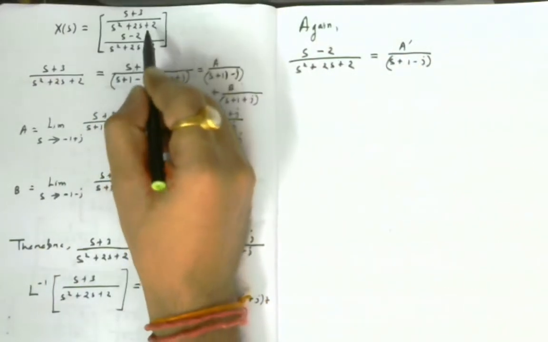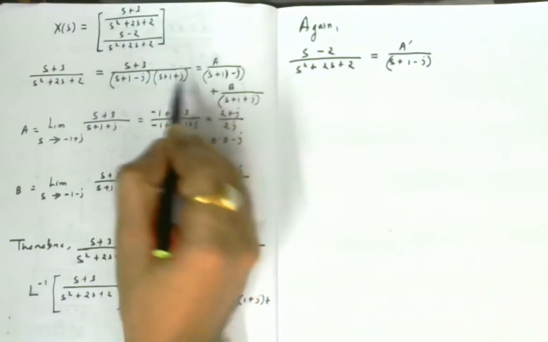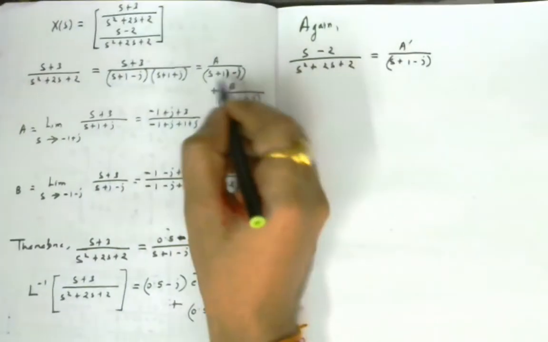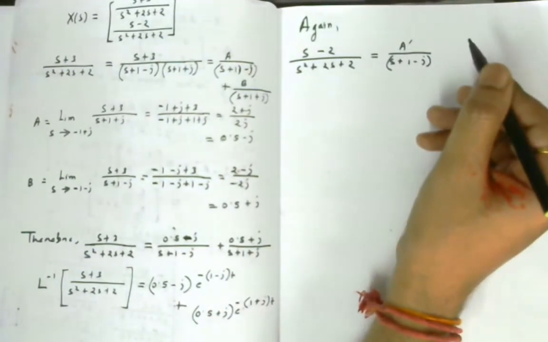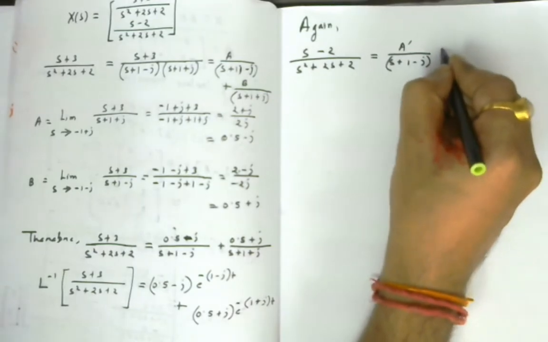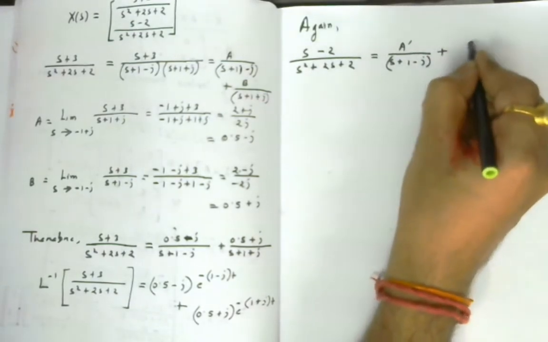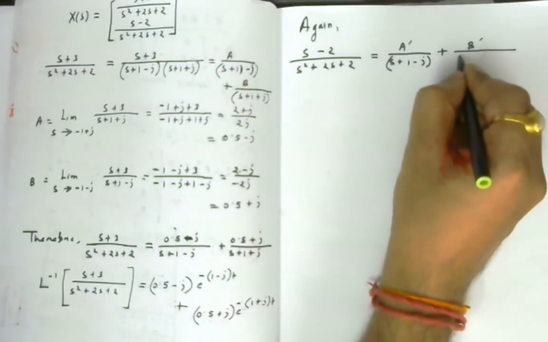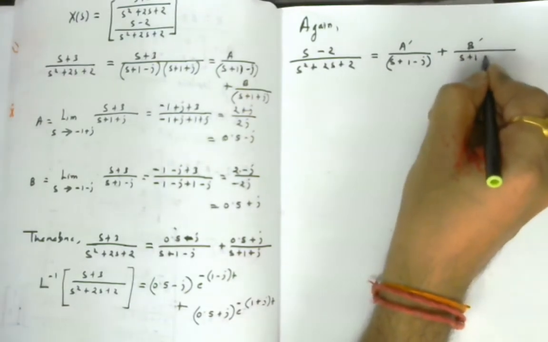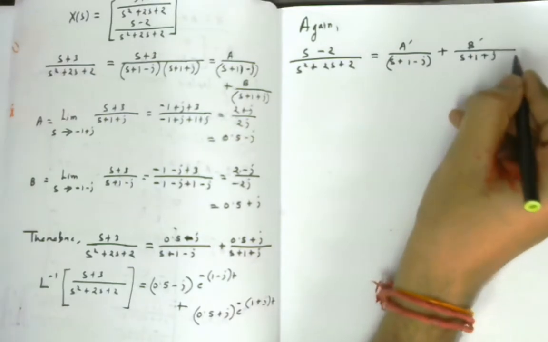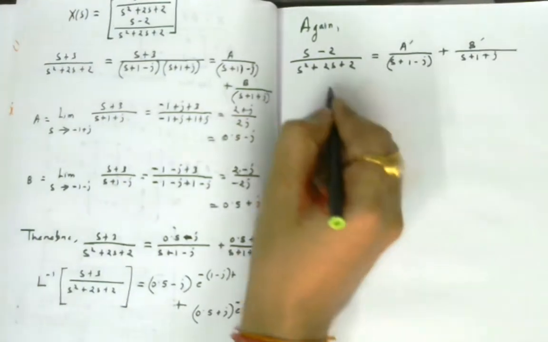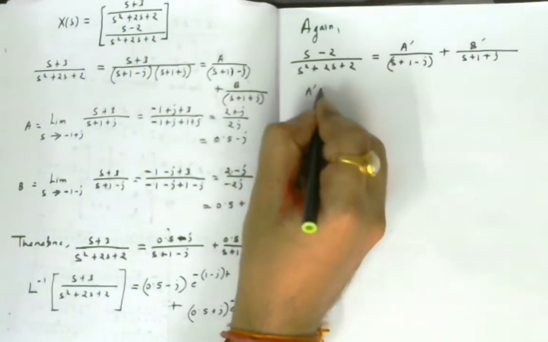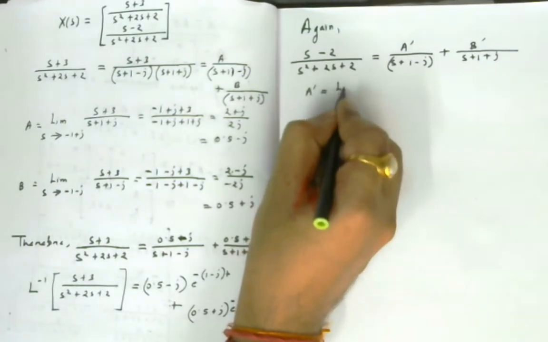The denominator is the same, so the same partial fraction but different constants. So similarly you have to find the value of A dash.